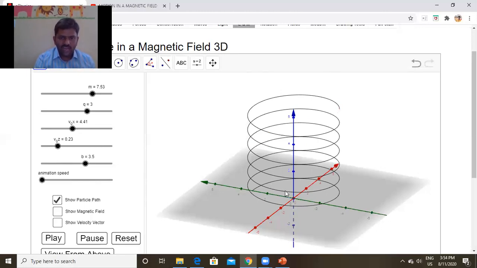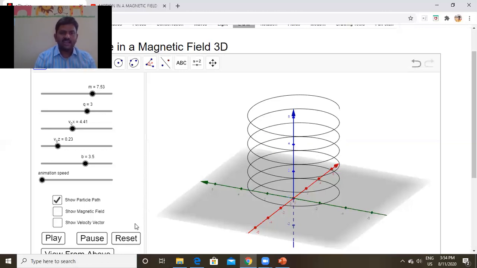So due to the velocity component along the field direction, it moves in this direction, and due to the velocity component perpendicular to the field direction, it gives a circular path. Combiningly, we get this helical shape.